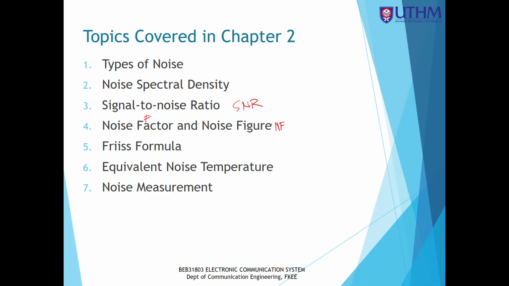Then Friis formula to calculate the noise factor, and then you can find the noise figure. Equivalent noise temperature, which is the TE parameter, and then noise measurement, which is about noise voltage.